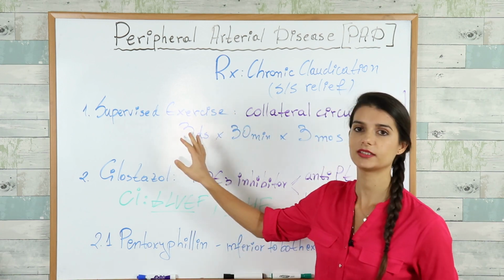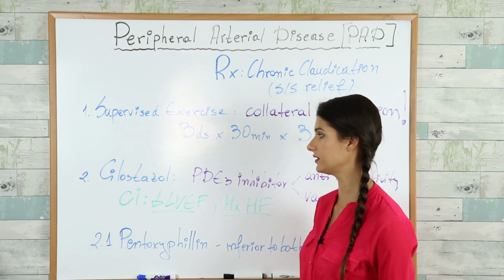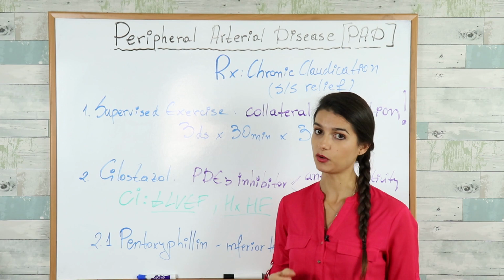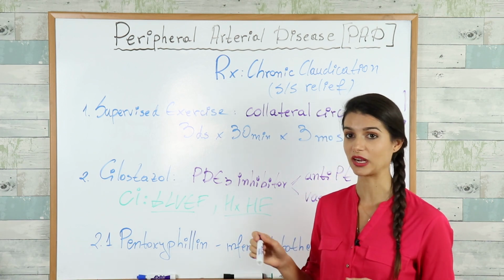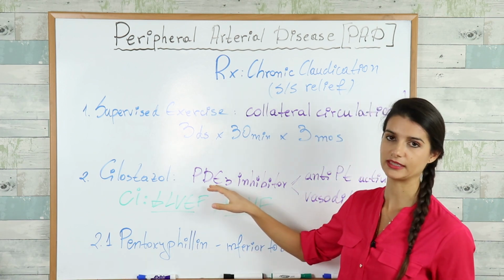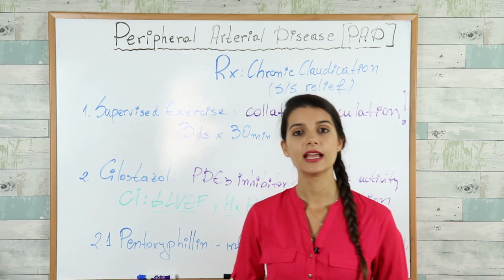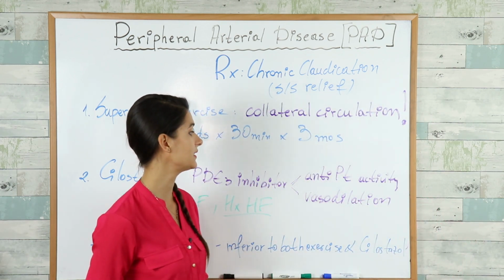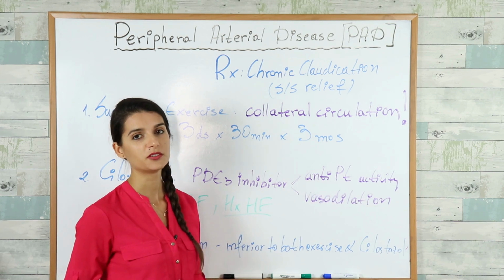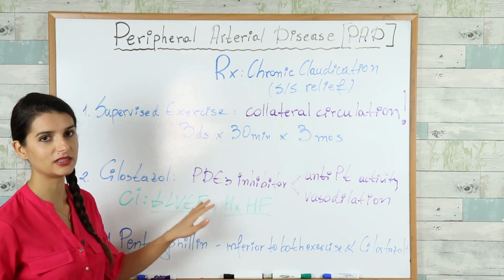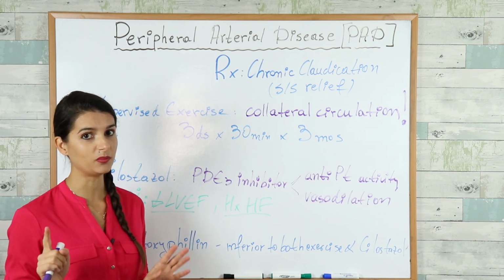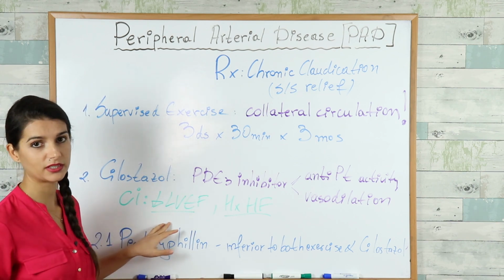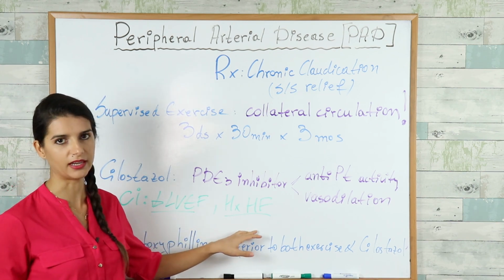Alright, so if the exercise does not help, you can try giving them cilostazol. Cilostazol is your go-to drug. It's a phosphodiesterase E3 inhibitor, and as such acts as a vasodilator and as an antiplatelet drug. But also don't give it to patients with a reduced ejection fraction and history of heart failure.